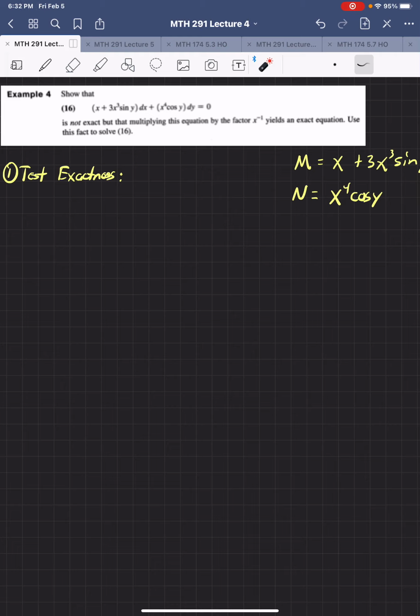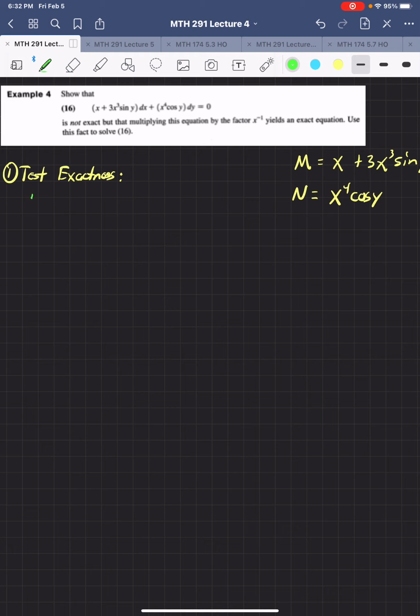So as of right now, if you were asked to solve this differential equation, I, as probably as well as you, given the setup, would immediately start thinking that I'm going to be using this method for exact equations. But notice that if you were to try to test for exactness, let's see here.